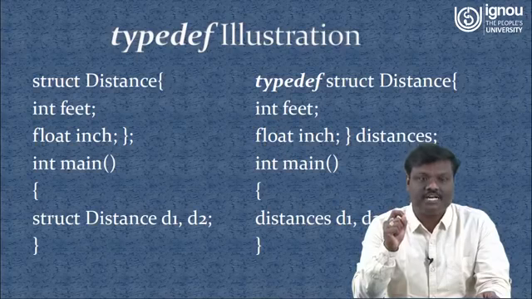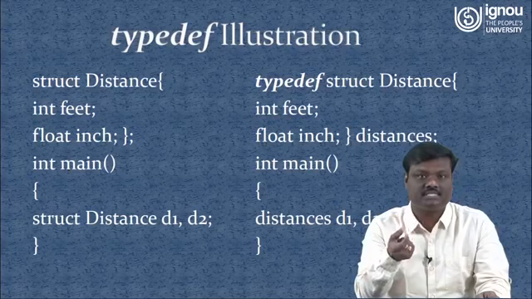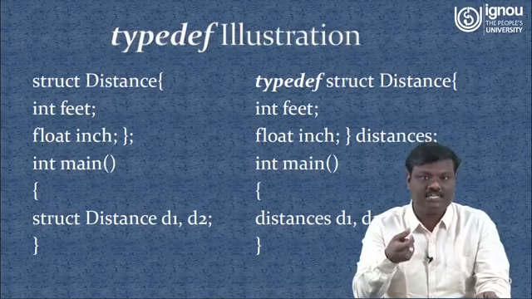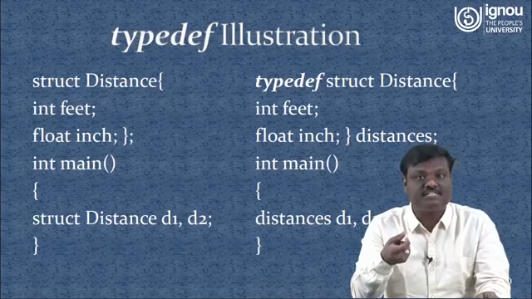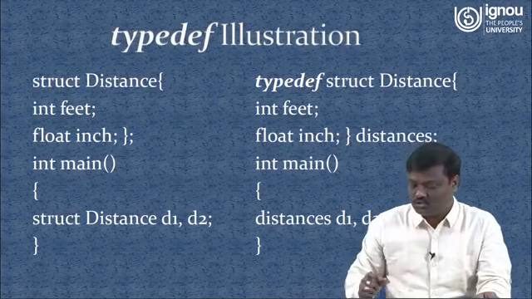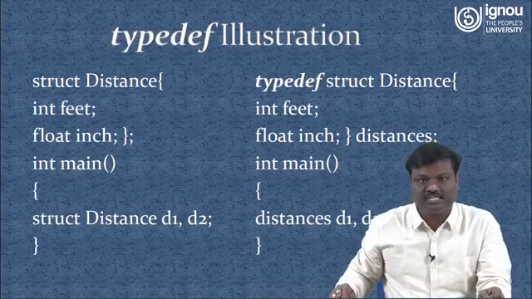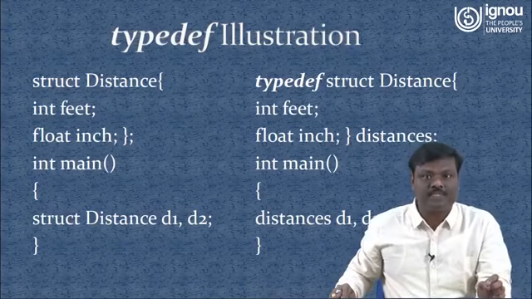So instead of writing struct distance, it is being replaced with Distances. Here we had given an alias name called Distances. So wherever you write Distances, it understands that it is struct distance. So this is how you have to write the typedef inside the C program in order to give the alias name for the structures.